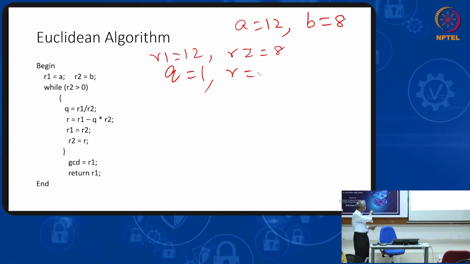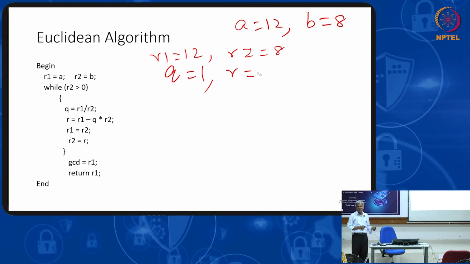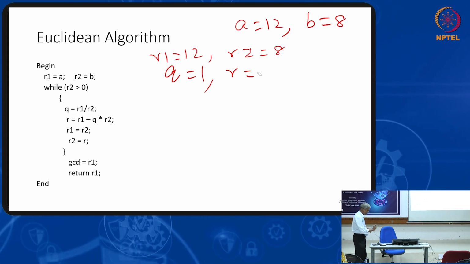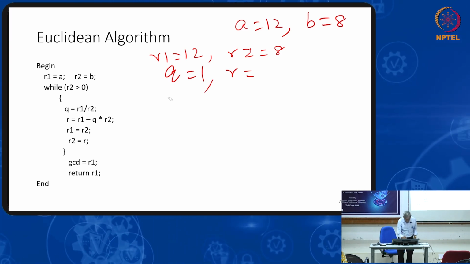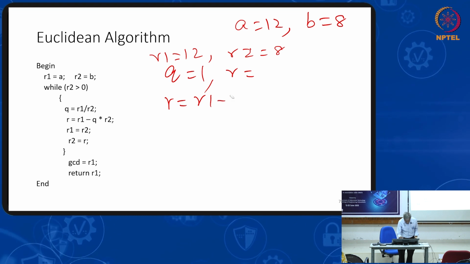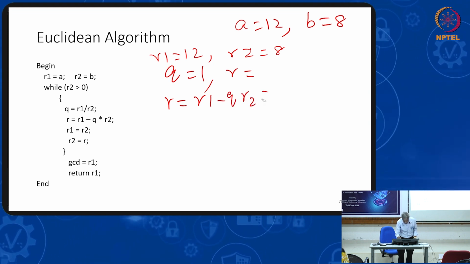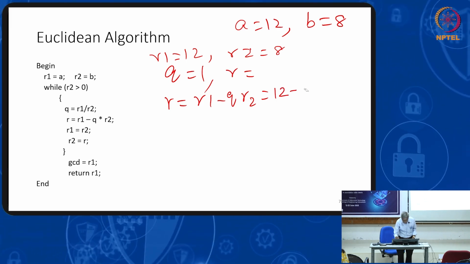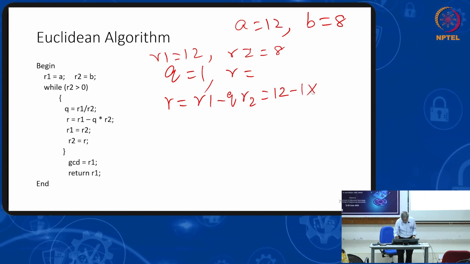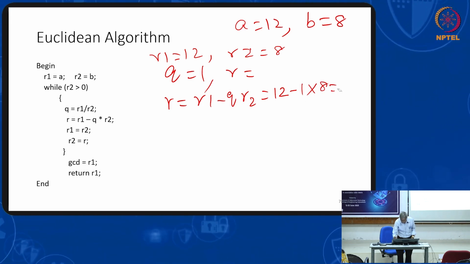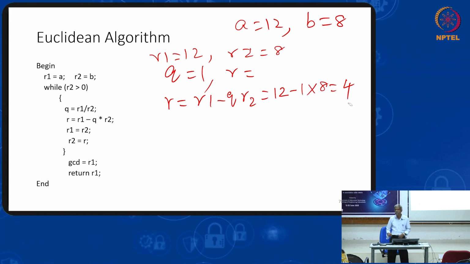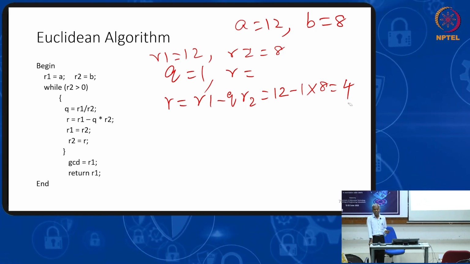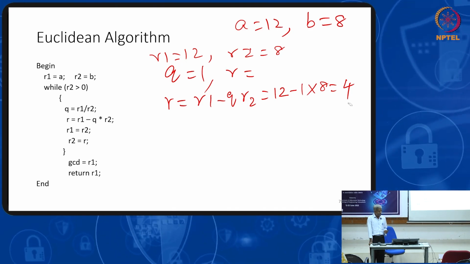The second line, R equals R1 minus Q R2. R1 is 12. So R equals R1 minus Q R2, which is 12 minus 1 into 8, equals 4. Did anybody not understand this step?